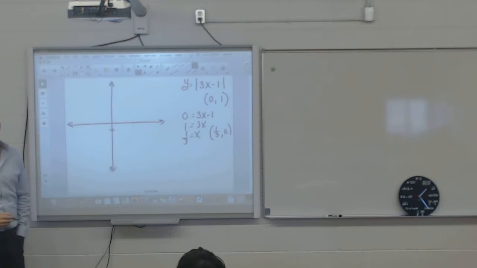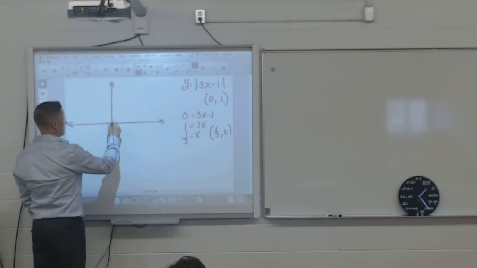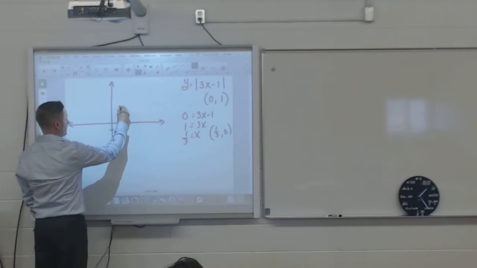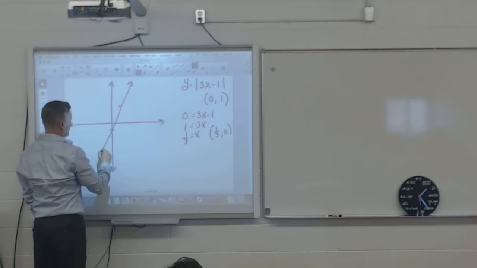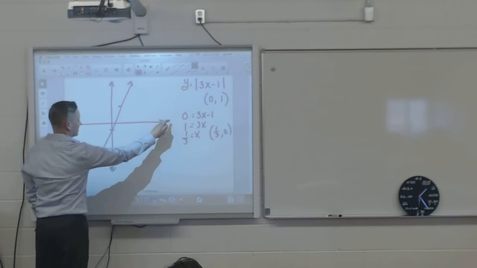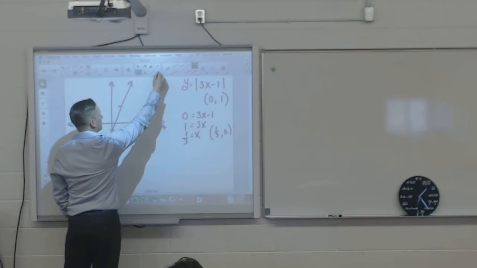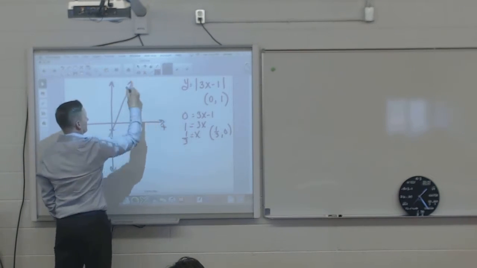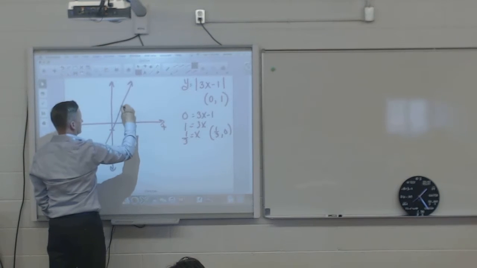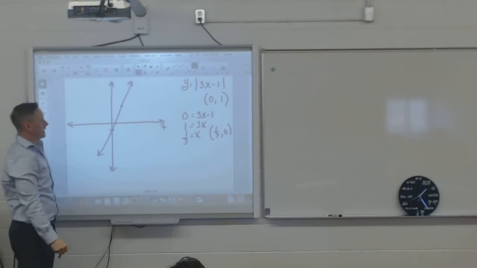0, negative 1. And where do I go from there? 1, 2, 3, 1, right, right. Positive is right. This is also right. So it's always that, right? Okay.